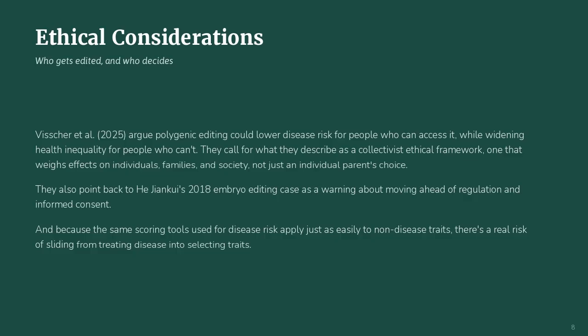And they also point back to He Jiankui's 2018 embryo editing case as a cautionary example of moving ahead of both regulation and informed consent. And because the same scoring tools used for disease risk apply just as easily to things like height or intelligence, there's a real risk of sliding from treating disease into selecting traits.